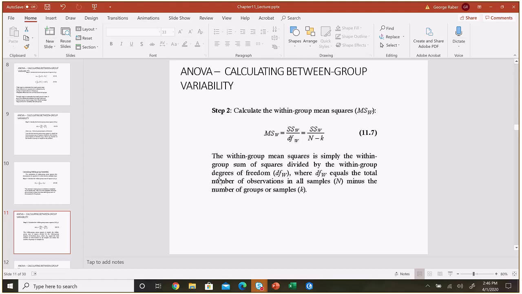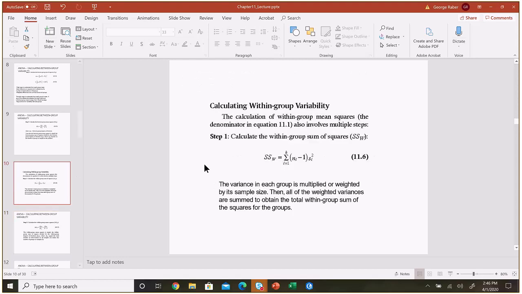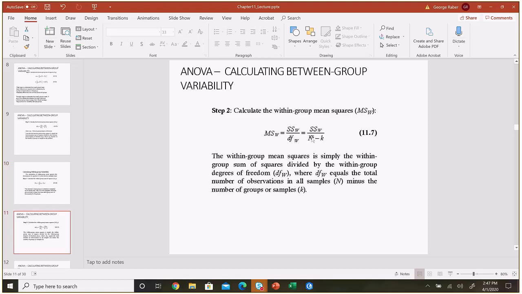So we need to normalize it, and that equals the total number of observations in all samples. The reason why is because we used n here as the total number of samples in each group. So if we want to truly weight it, our weight value needs to be the sum of all of the weights. Okay.